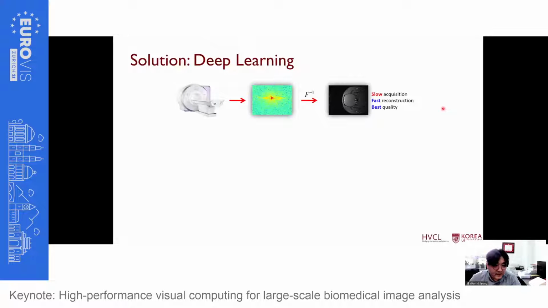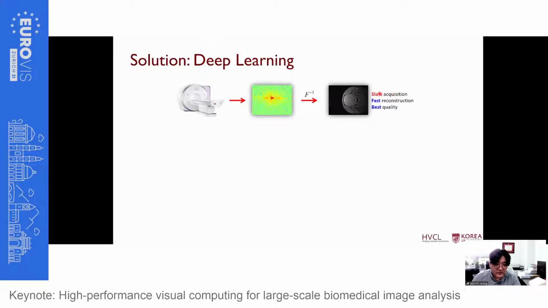Usually taking an MRI is a slow process. If you go to the hospital and take a whole body MRI, it usually takes a long time, like 30 minutes or 15 minutes, which means the patient should stay still, not moving at all for that long time. So imaging usually takes a really long time in MRI.